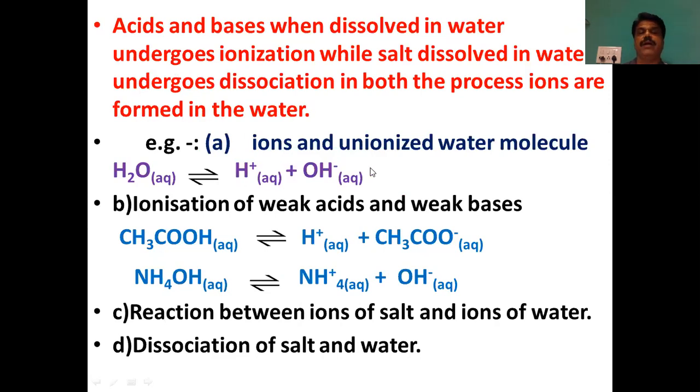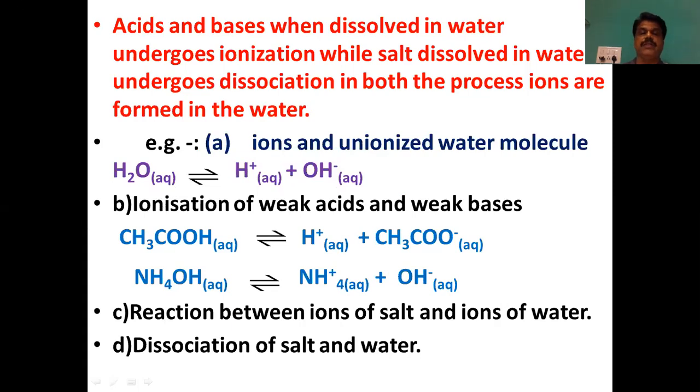First, the ions and unionized water molecules: H2O dissociates into H plus and OH minus. This H plus and OH minus are the ionized species and H2O is the unionized molecule. Then ionization of weak acids and weak bases.